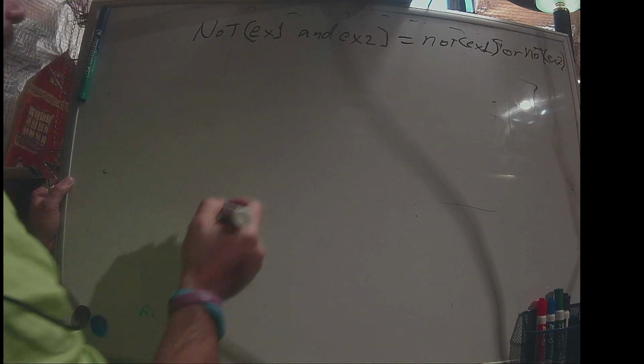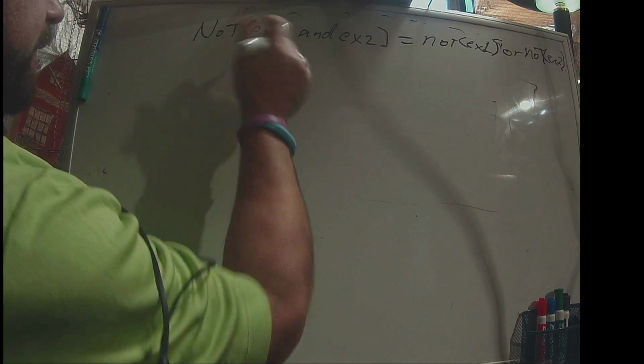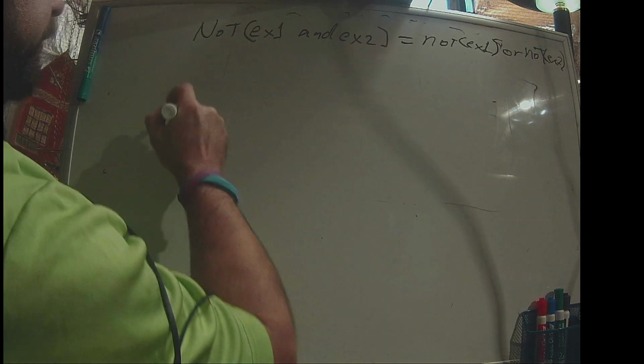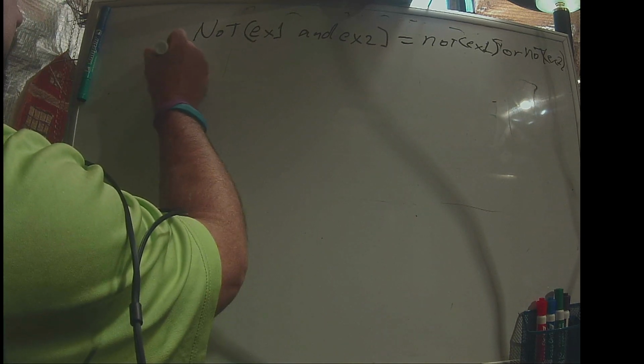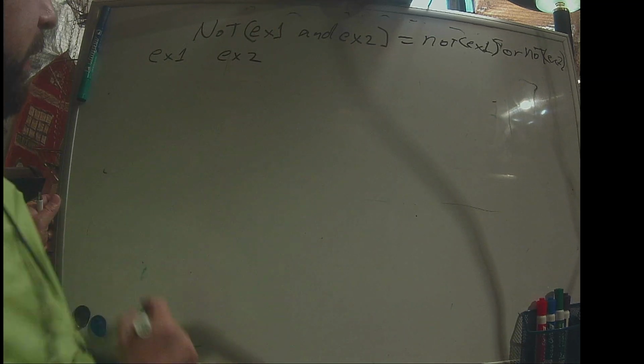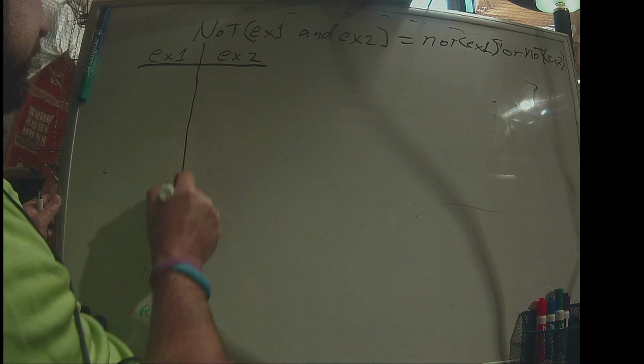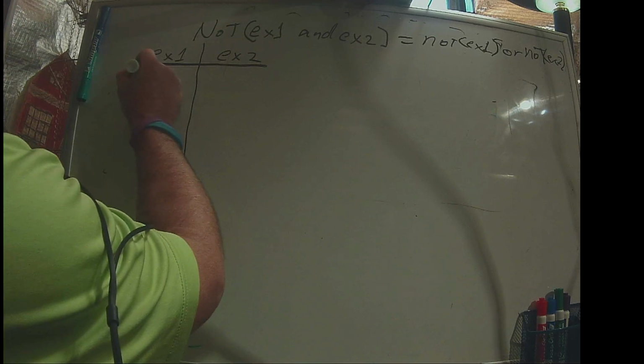Okay, I ran out of room. If we want to prove this using truth tables, we have two variables, EX1 and EX2. So what we need to do is generate all possible values of EX1 and EX2.